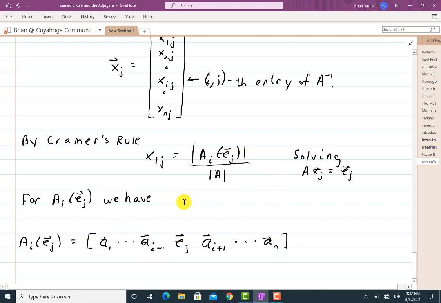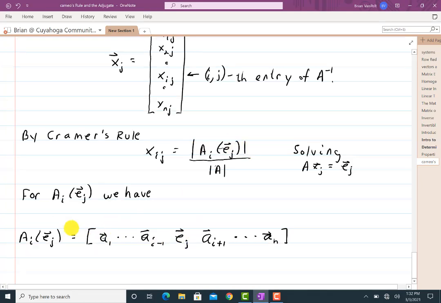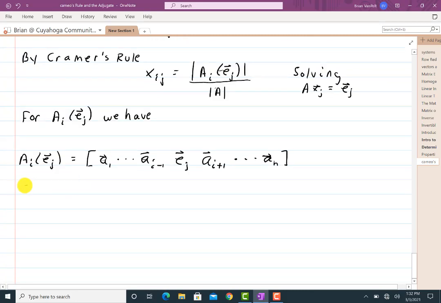So I'm going to use this. I'm going to expand along column I. So expand the determinant of A sub I E j along column I.